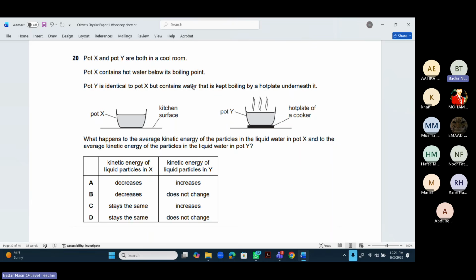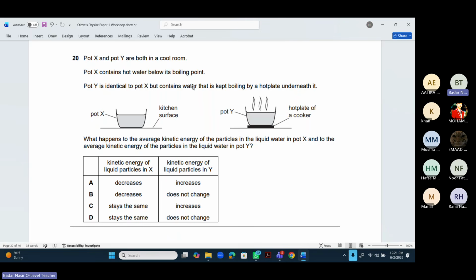Okay? And the kinetic energy of liquid particles in Y will not change. The reason is that you are boiling it, so you are constantly providing it with thermal energy. Because of that, the kinetic energy of the liquid particles will not change. And X's kinetic energy of liquid particles decreases because high energetic molecules will escape the surface or carry a lot of heat energy with them, leaving behind less energetic molecules whose kinetic energy is lower. So the answer to question 20 is B.